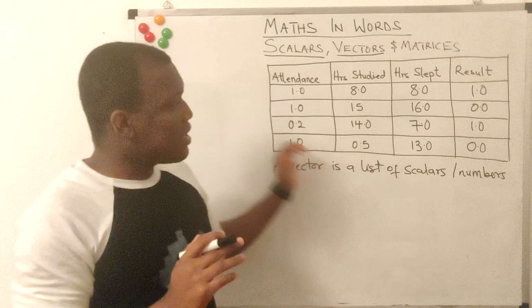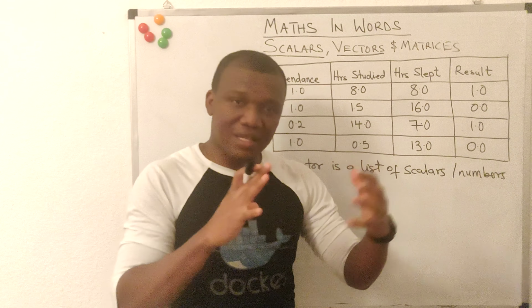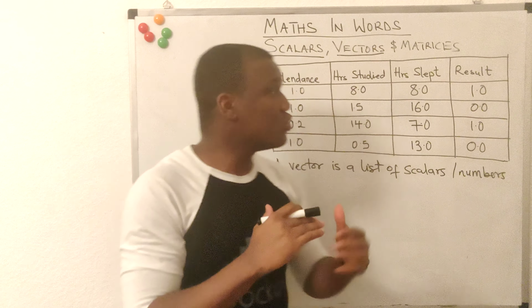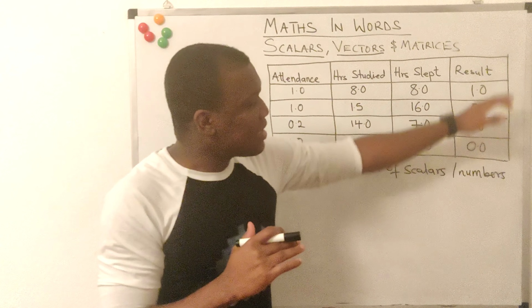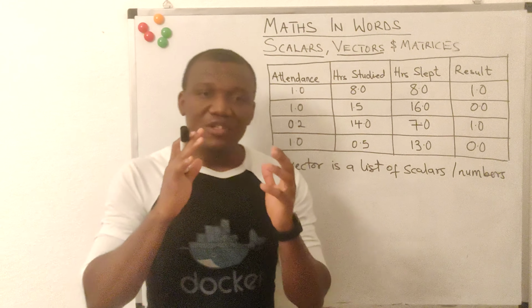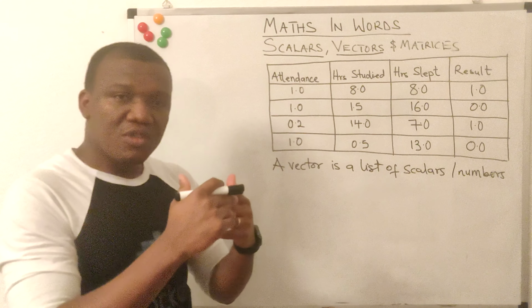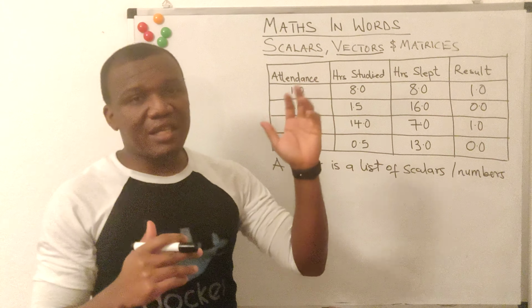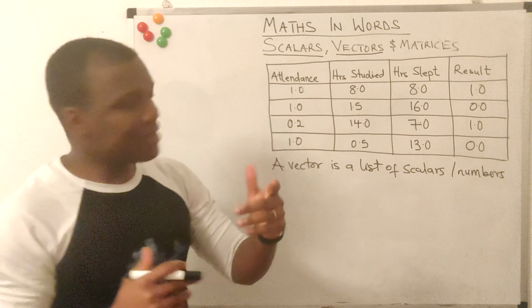To help you understand it more within the context of machine learning, because that is what I promised to do, I have this training data set on the board, which is very similar to the training data set that I used during the data representation and data preprocessing chapters.